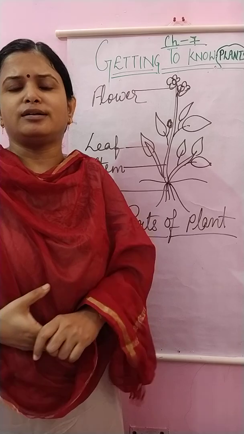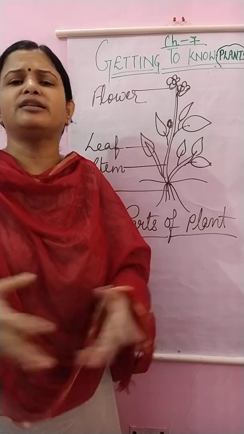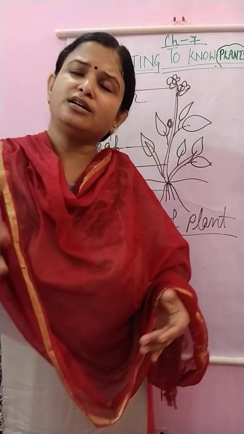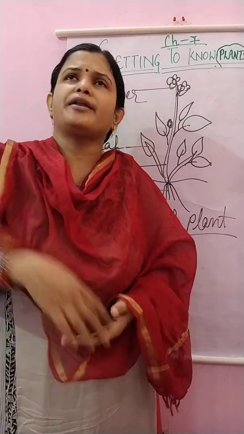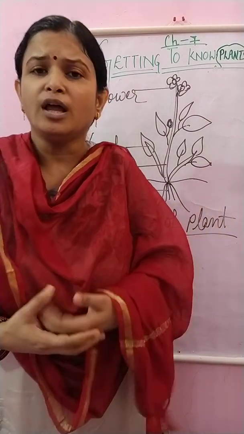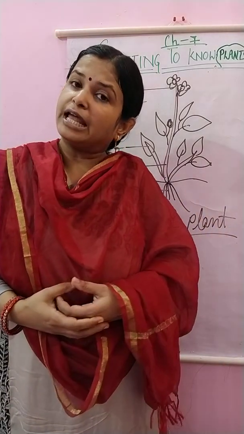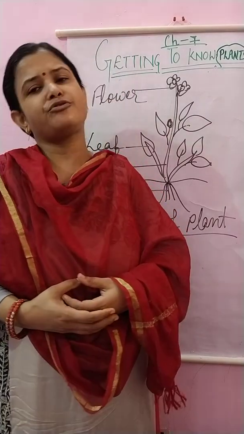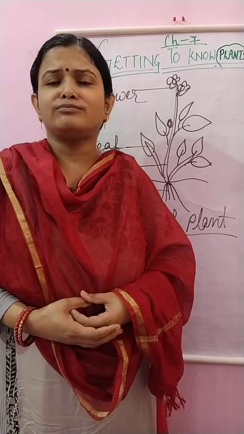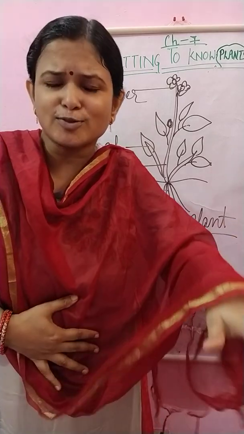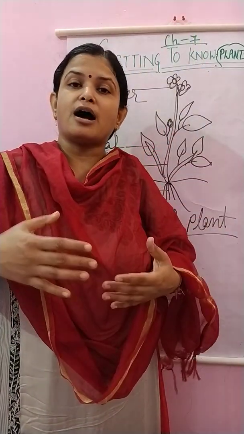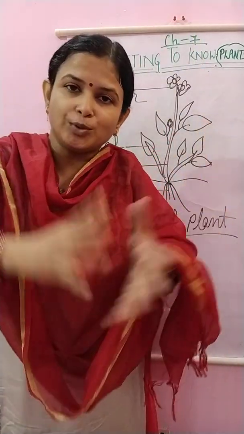Let's start with an example. General thing we will start. Like if you go outside in a park or in a garden, or even in your school, then you come across different varieties of plant, isn't it, children? Like some are different sizes, some are very small, some are of your size, some are much taller than you, isn't it?